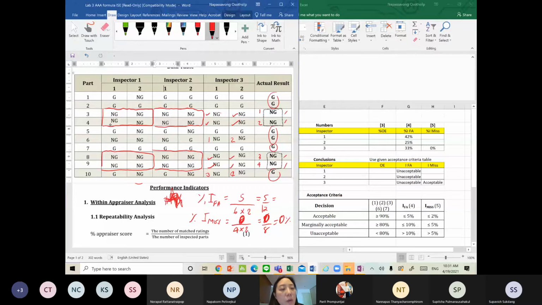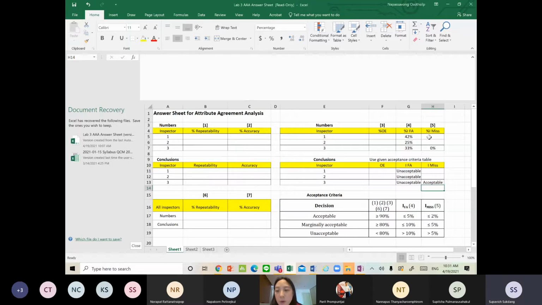So within the red area, they should tell NG, and they tell NG all the time, so there's no error at all. So 0% I miss for inspector 1. How about inspector 2? 0, okay, good. So all acceptable, right?